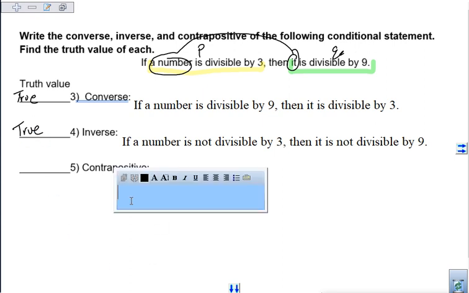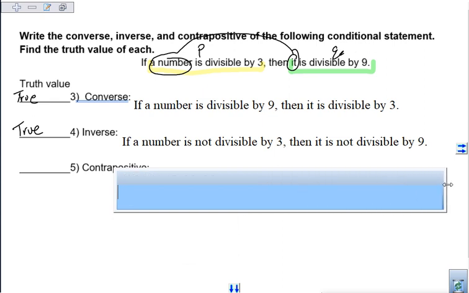Then we want our contrapositive. Remember, contrapositive flips and negates. So we'd have, if a number is not divisible by 9, then it is not divisible by 3.